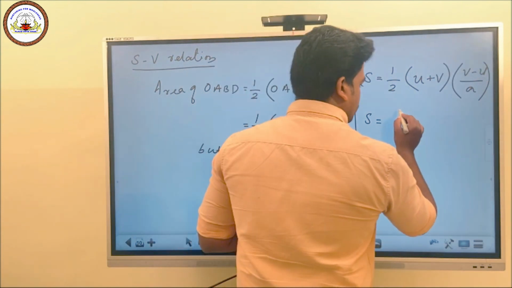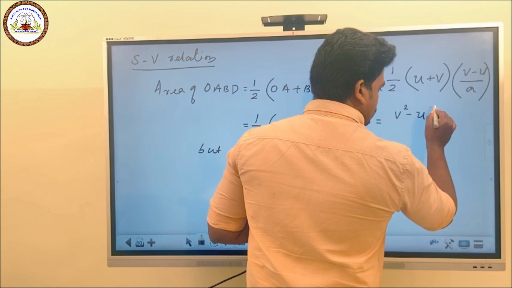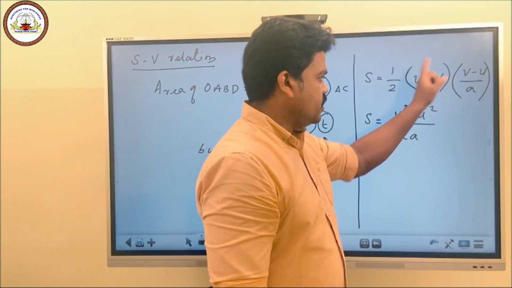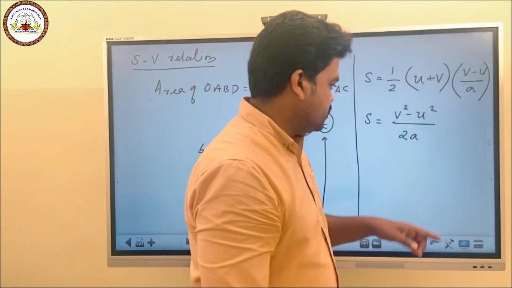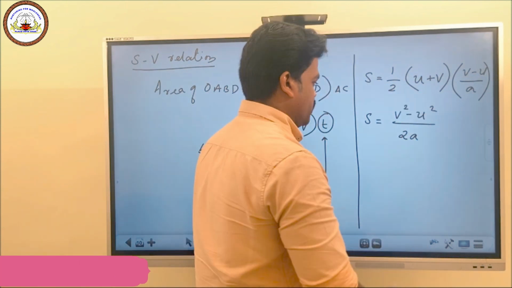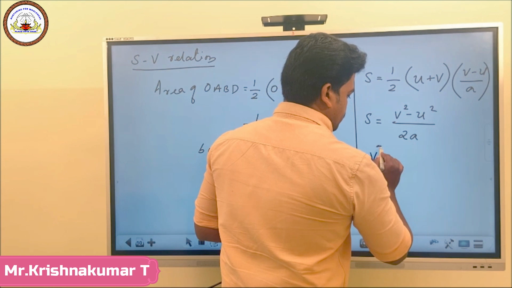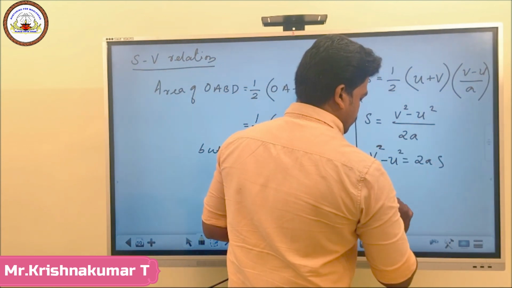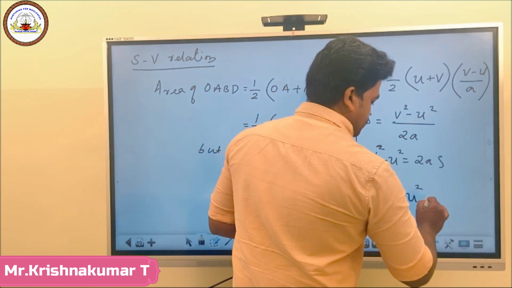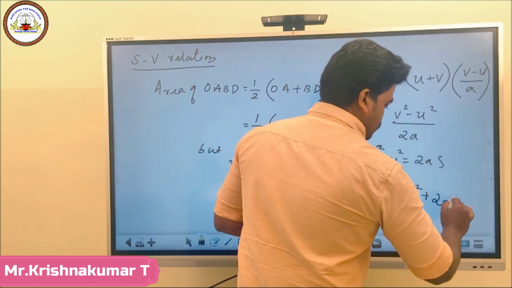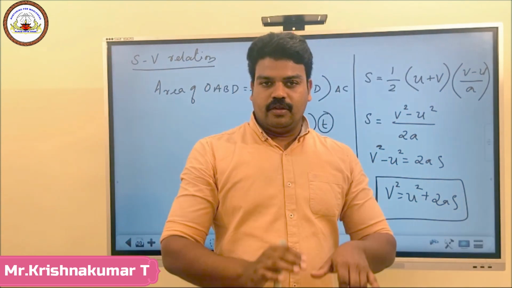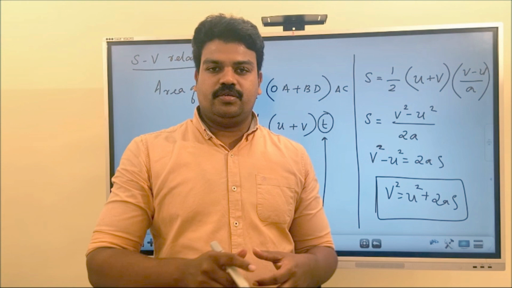Therefore S is equal to (V square minus U square) by 2A, where the denominator is 2 into A. So V square minus U square is equal to 2AS, or V square is equal to U square plus 2AS. This relation is the position-velocity relation.